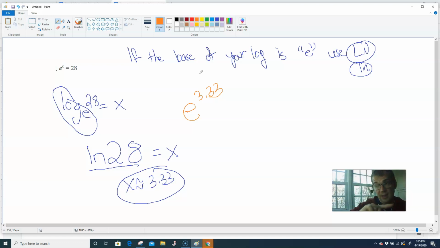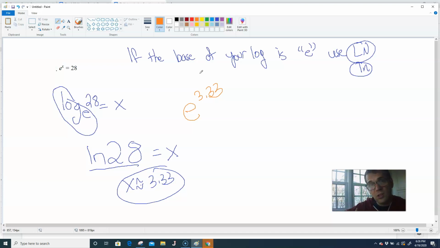You press second, e to the x, enter in 3.33. You should get a number pretty close to 28. On this phone, you have to do it all funky. I get 27.938.